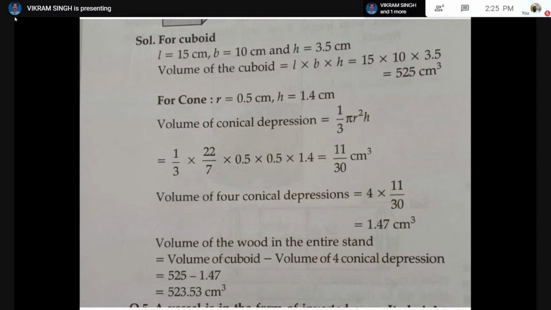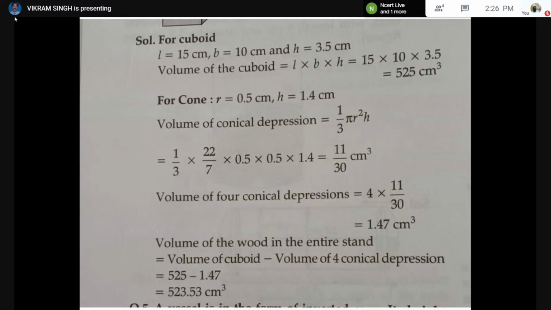Applying the same formula, with radius 0.5 and height 1.4 centimeter, putting both values in the expression, we have 1 by 3 multiplied by 22 upon 7, which is the value of pi, multiplied by 0.5, 0.5 again because this is r square, multiplied by 1.4. After calculation, it is 11 upon 30 centimeter cube. This is the volume of a cone, meaning the volume of a depression.